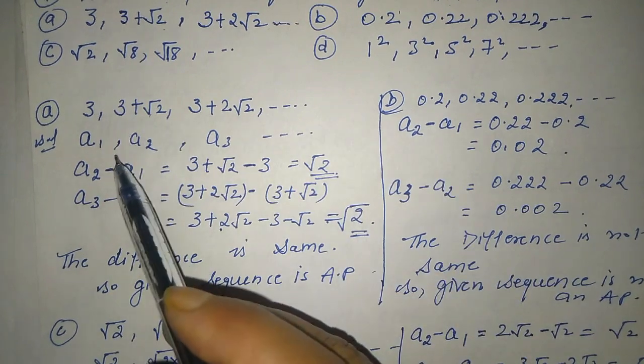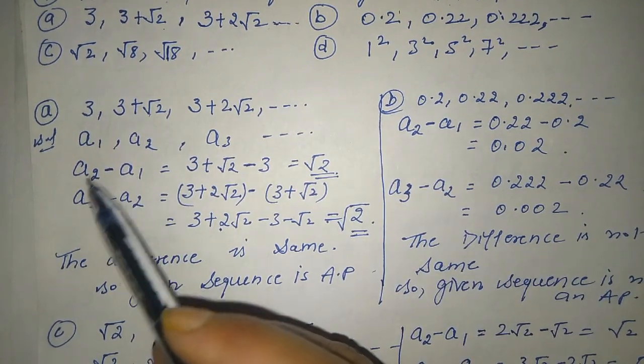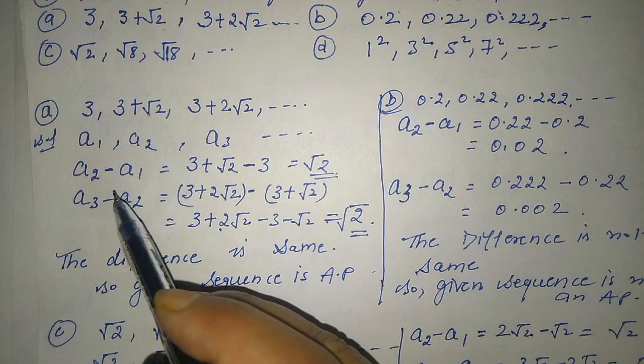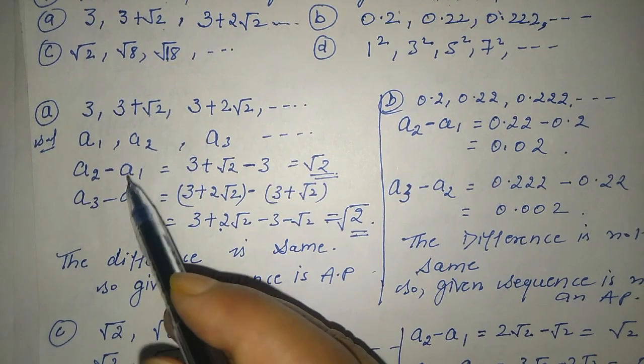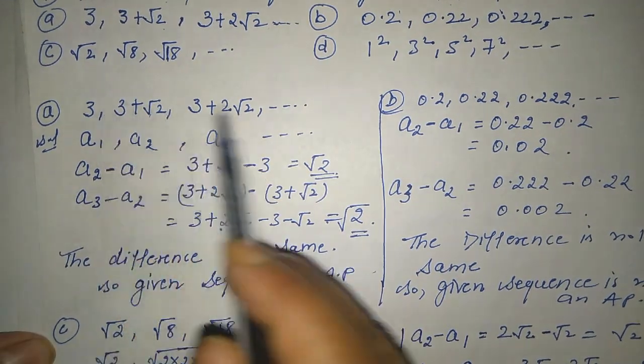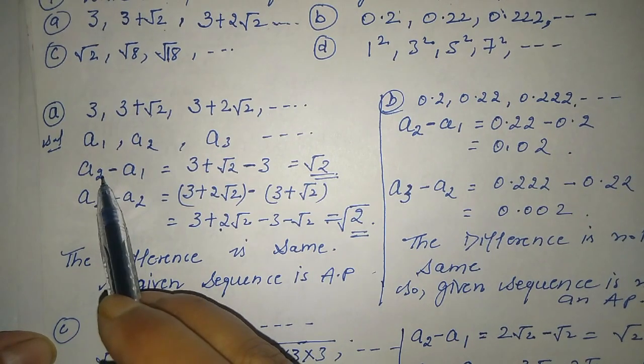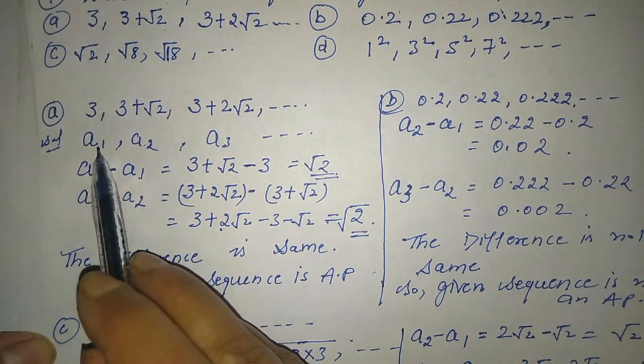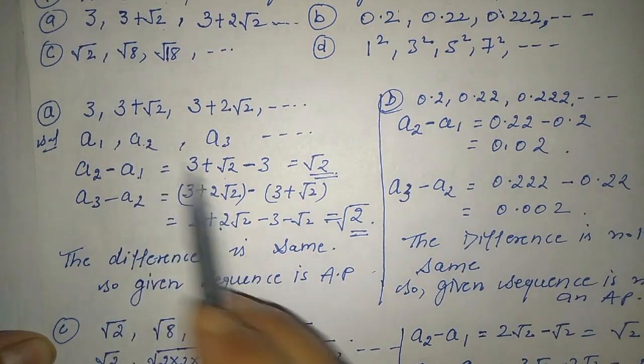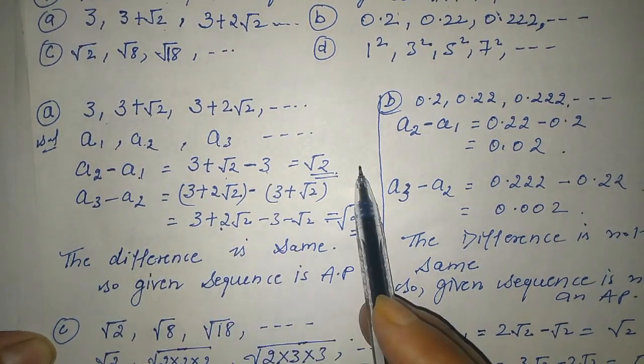How we can say that this is an AP? We have to just confirm the common difference between 2 successive terms. So first we will find A2 minus A1, second term minus first term. 3 plus root 2 minus 3, it becomes root 2.